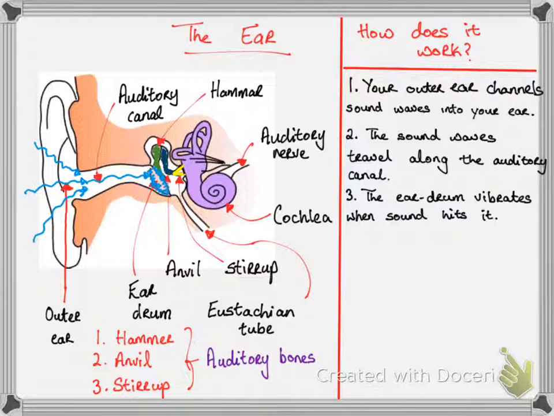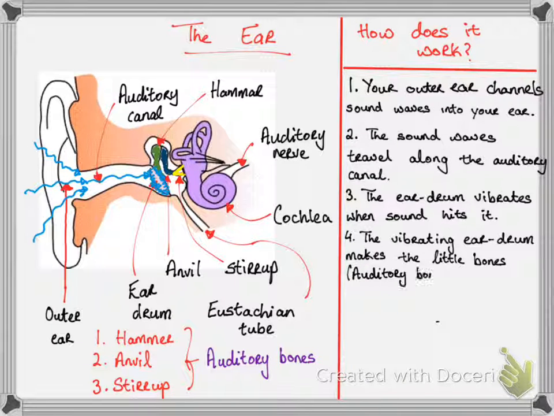The eardrum is attached to the hammer, anvil and stirrup, which are the auditory bones. The vibrating eardrum makes the little bones, the auditory bones in your ear, vibrate as well. This is at the same frequency as the waves that are coming in.